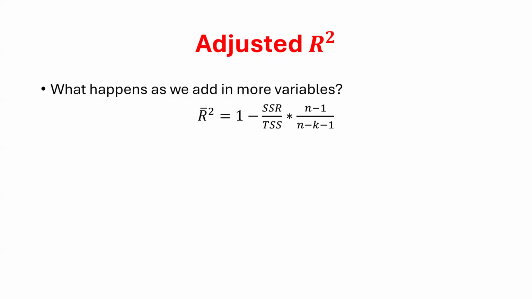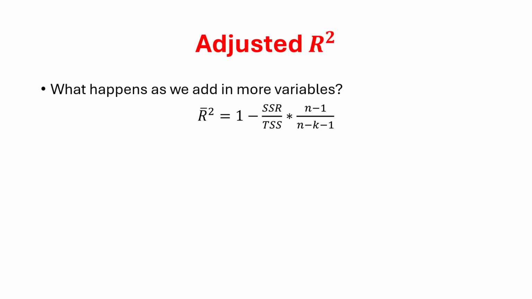Instead of trying to think through this, and you're going to have that formula sheet in front of you, my adjusted R squared is 1 minus that proportion I can't explain, multiplied by this scaling factor. I would draw arrows. I think that's the easiest way to think about this.